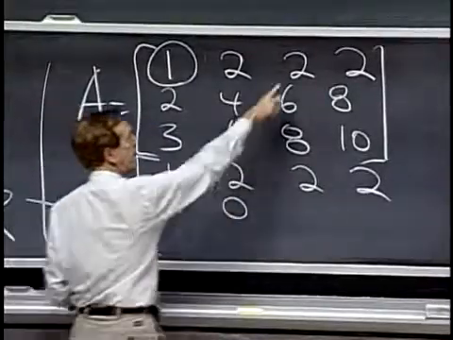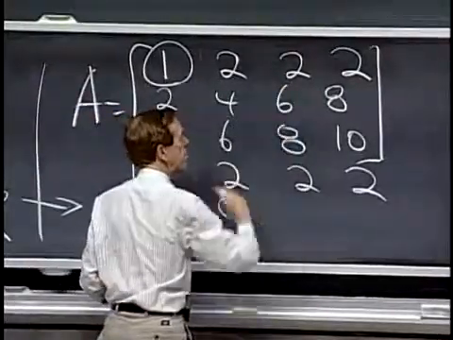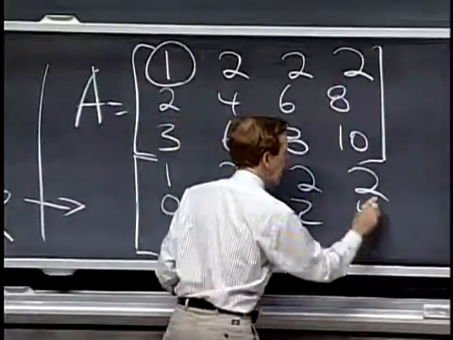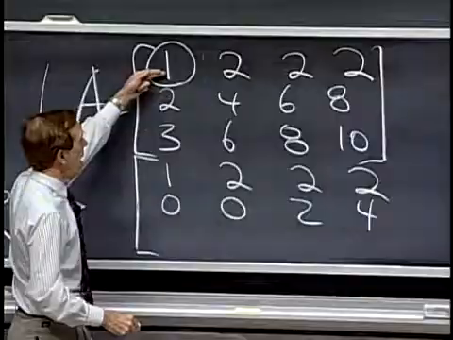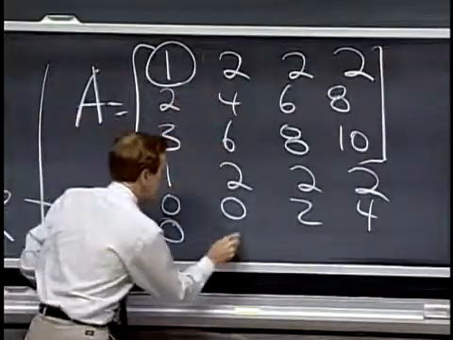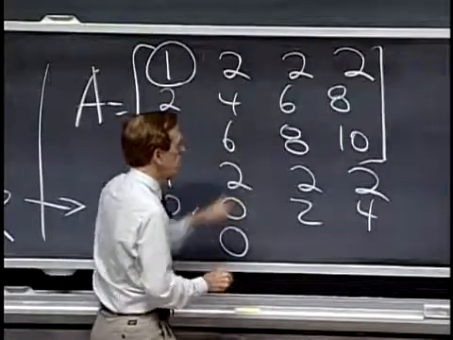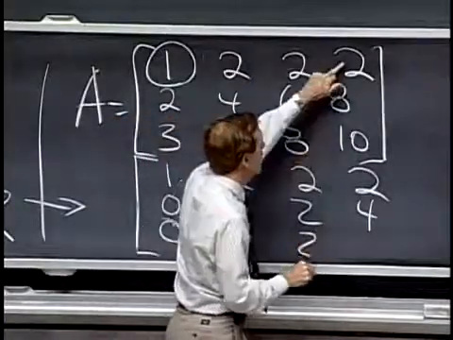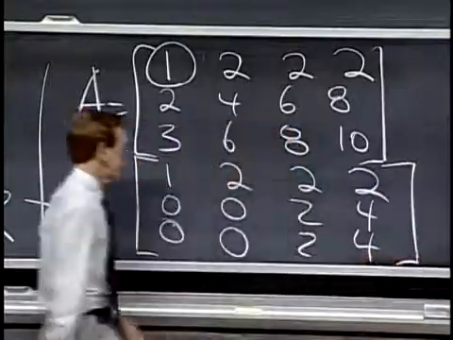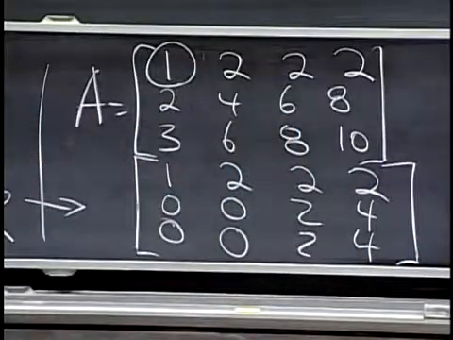That's signaling a difficulty. 2 2's away from the 6 leaves me with a 2. 2 2's away from the 8 leaves me with a 4. And now 3 of those away from here is 0. Again, another 0. 3 2's away from that 8 is the 2. 3 2's away from that 10 is a 4. Okay. That's the first stage of elimination.